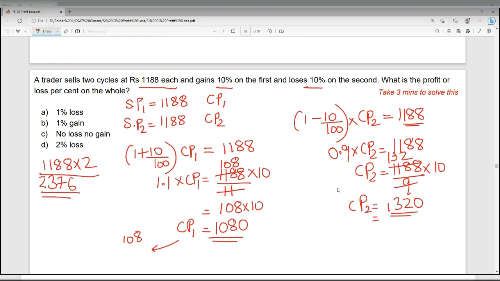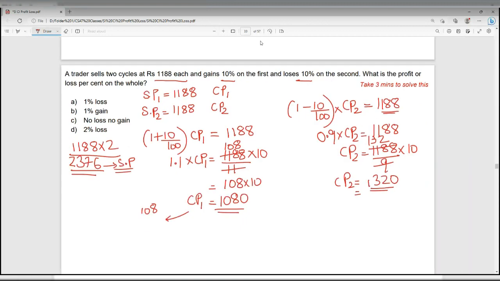This is the selling price. And the cost price of the first cycle was 1080 and the second cycle was 1320.